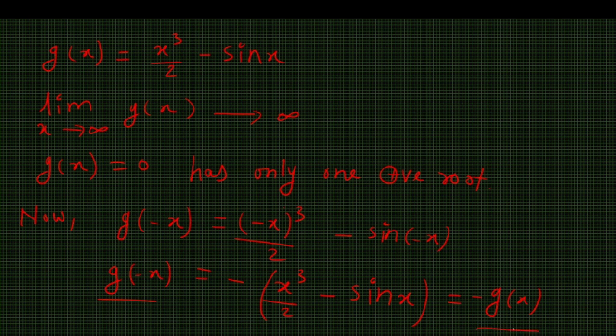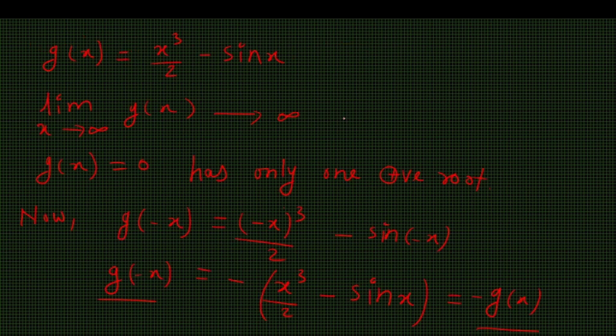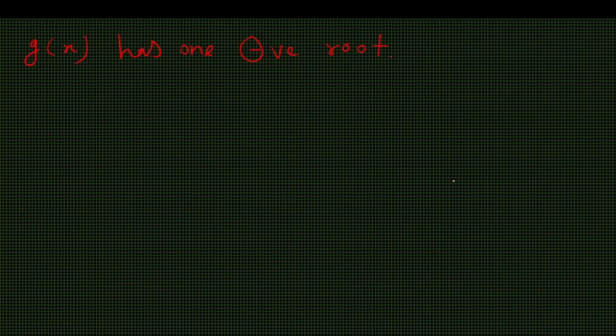So finally g of minus x is equals to minus g of x. It means g of x is odd function. It concludes that g of x has one negative root. And as g of 0 is equals to 0, that means we can check for trivial case. g of 0 is equals to 0. It means 0 is also our root.